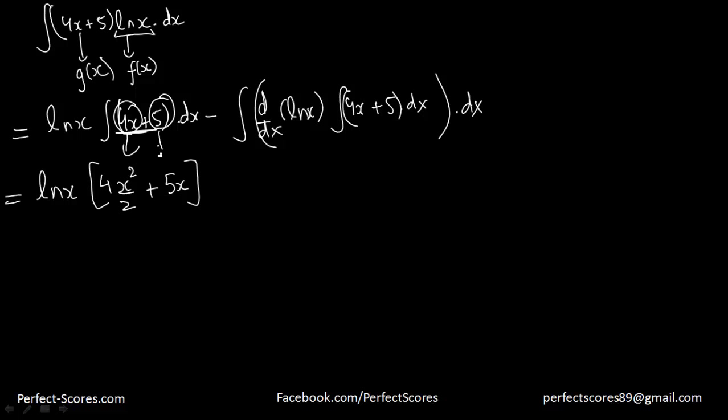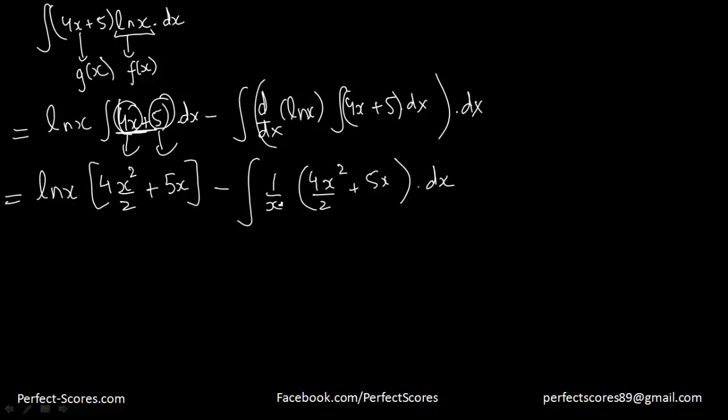5 will become 5x, minus the integration of, what is the differentiation of ln of x, right? The differentiation of ln of x is simply going to be equal to 1 over x. So this is going to be 1 over x into the integration here, the same thing, 4x square over 2 plus 5x dot dx.